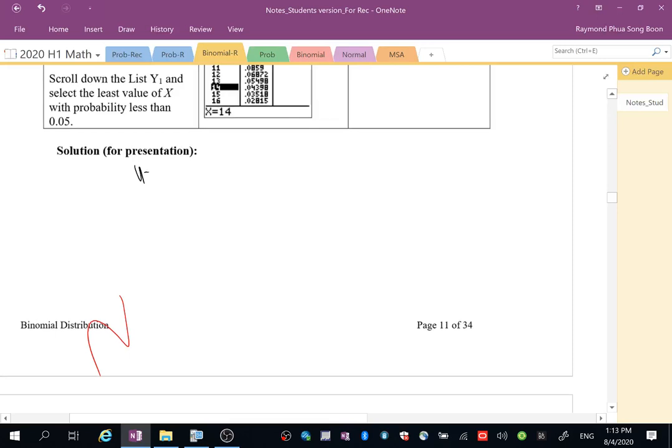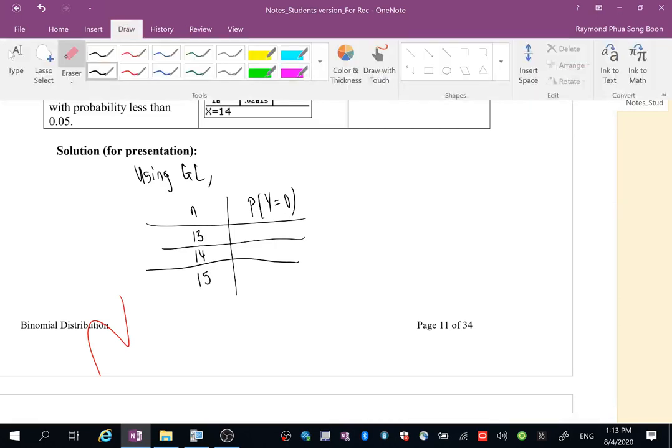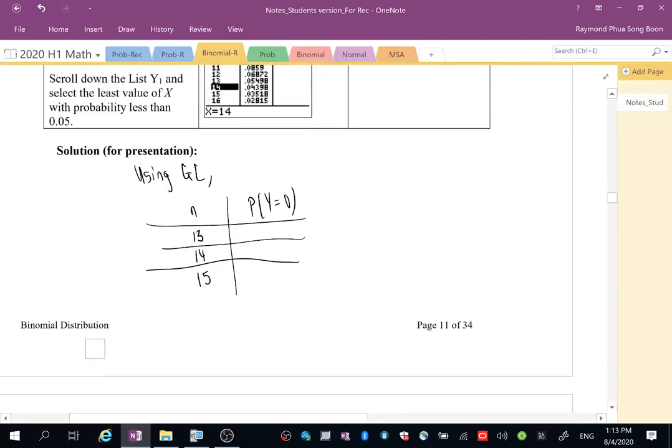You will write down "using GC" to tell the marker that you have used GC, and two columns. In the first column you write n, and the second column will be probability Y equals 0. The value of n we know is 14, which is the correct one, so you put the correct value of n in the second row, and then copy one row above and one row below.